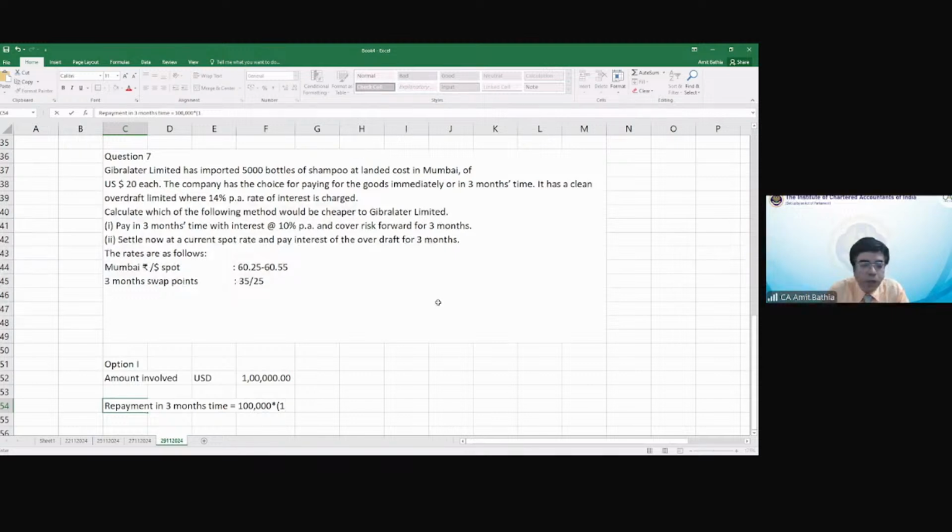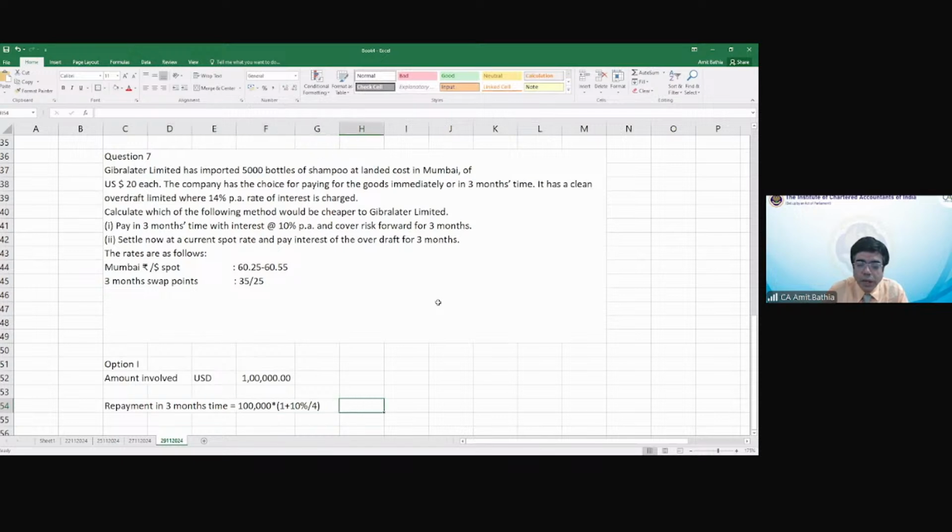So it is going to be 1 plus 10% divided by 4. Can I say so? Yes. In other words, this is 10% into 3 divided by 12, right?